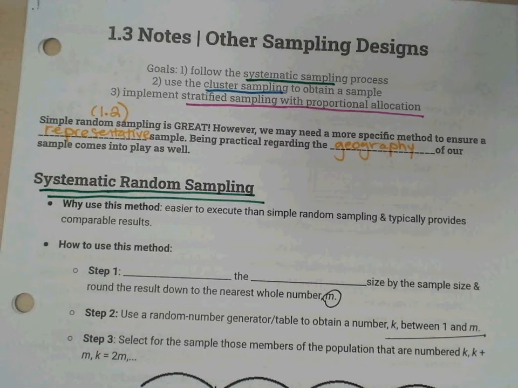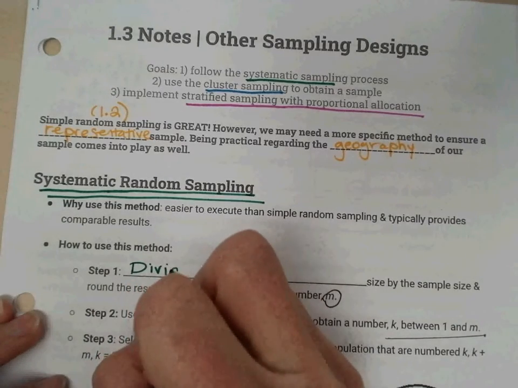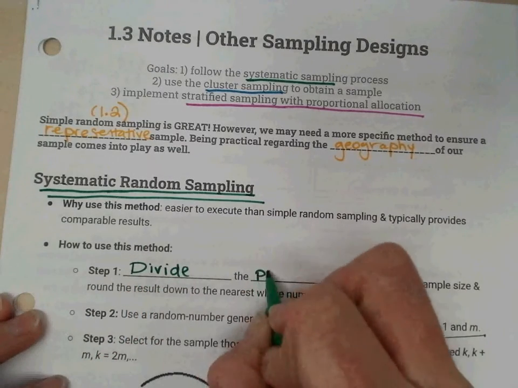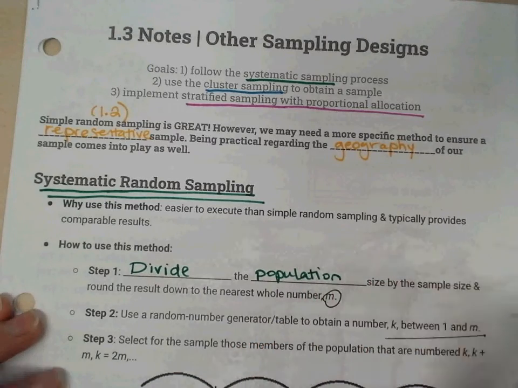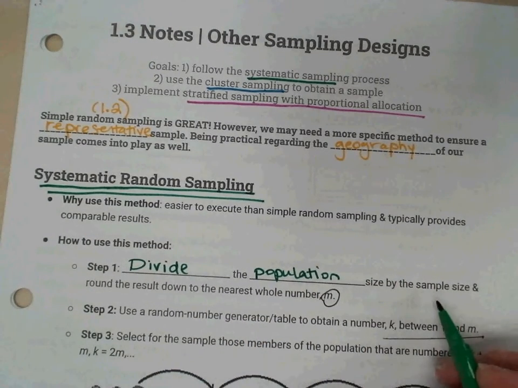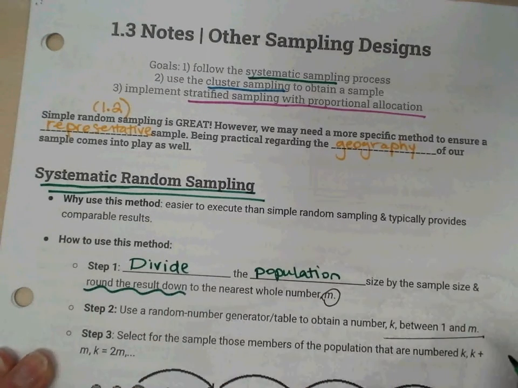So steps for this sampling method are step 1, we're going to divide the population size by the sample size and round the result down. That's unique to this method.